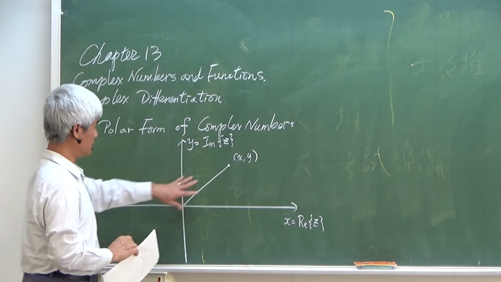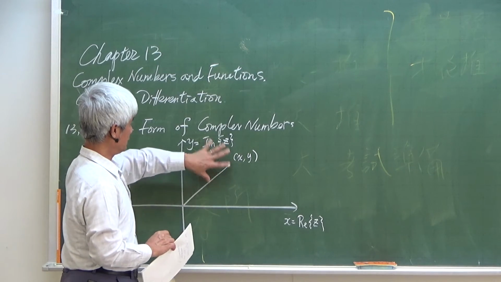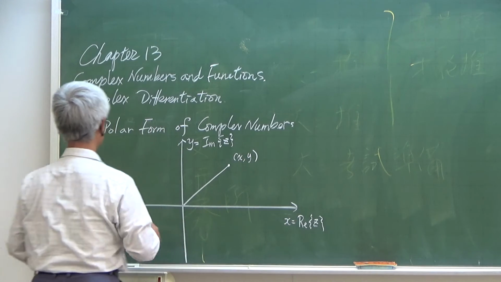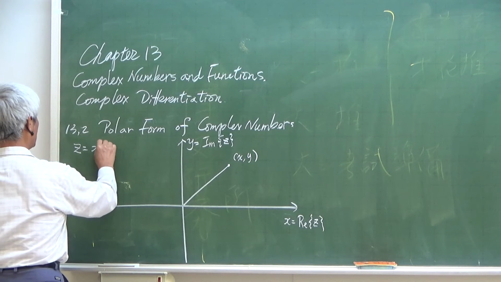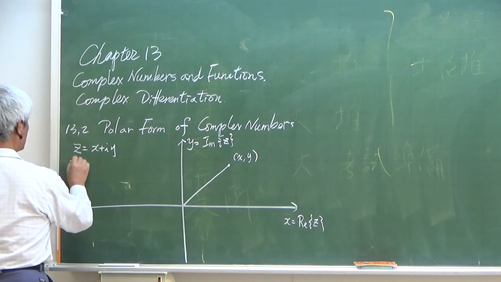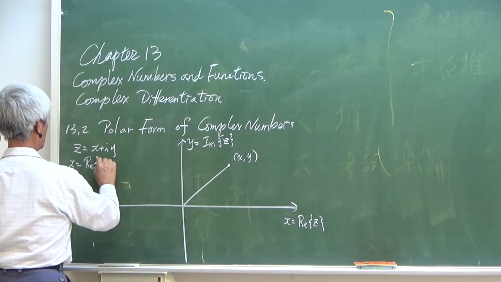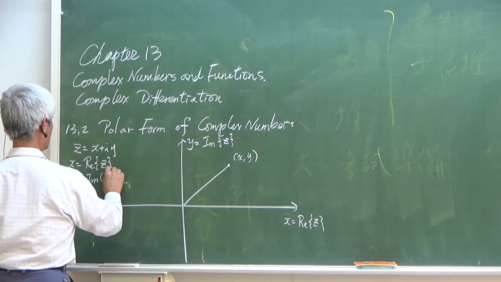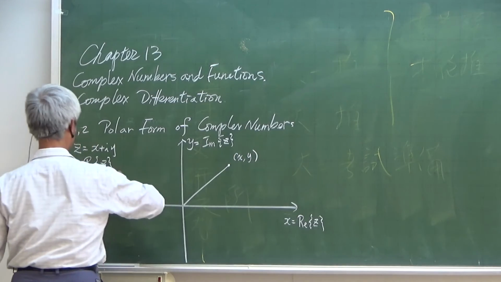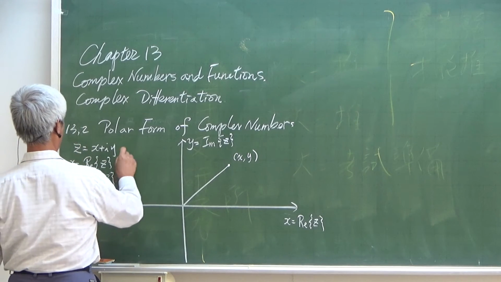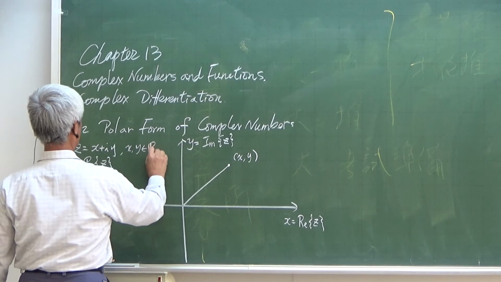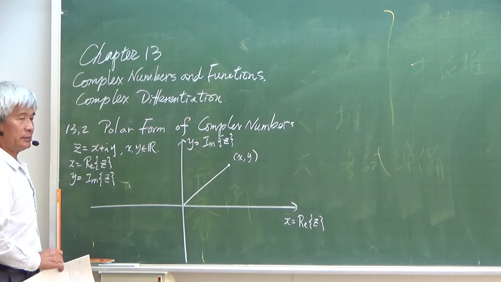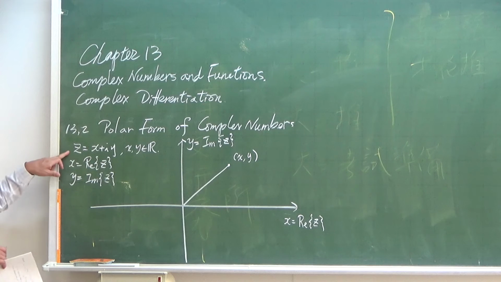So we use a point in the complex plane to represent a complex number z. Right? So z is equal to x plus iy, and so x is called the real part of z, and the y is called the imaginary part of z. Right. So this is the so-called Cartesian coordinate representation of a complex number.